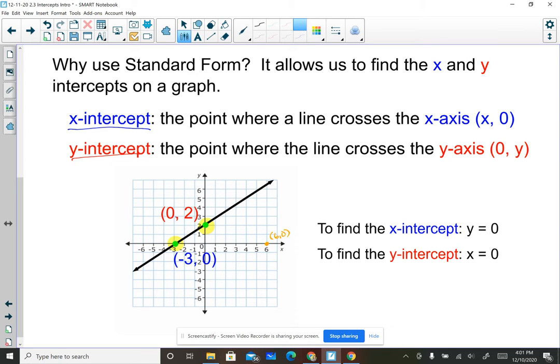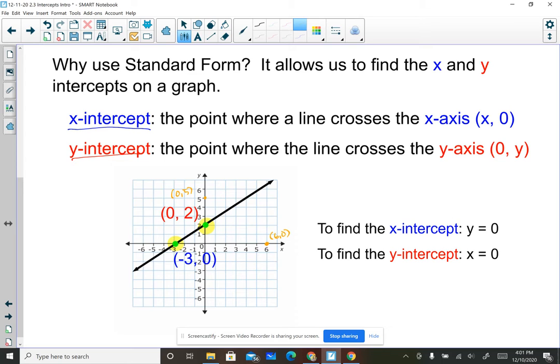So over 0, up 2 is the point 0, 2. If I had this point up here, that means you went over 0 and up 5. So if you have the y-intercept, every value of x has to be 0.